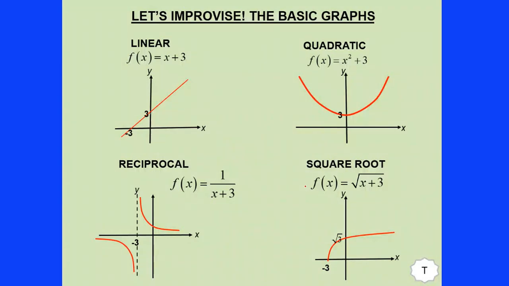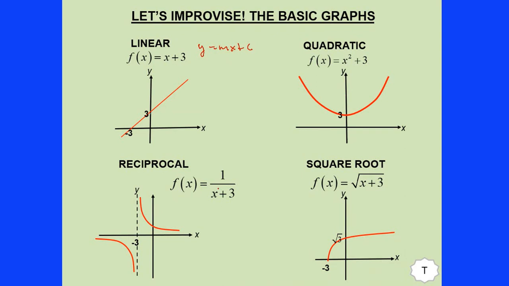If we say a linear graph, still linear x, but plus 3 means shift up 3, like this. Like y equals mx plus c, you know c is on the y axis. For quadratic, if plus 3, shift up 3.